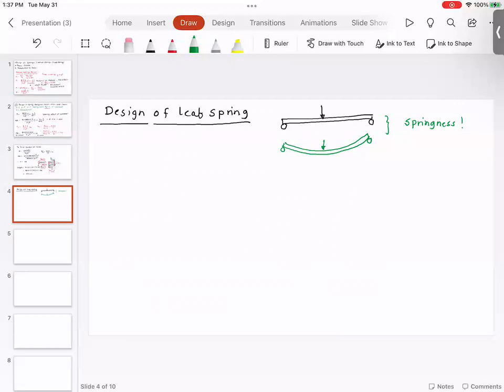Now, in the case of leaf springs, how do you find out the stiffness of the leaf spring?